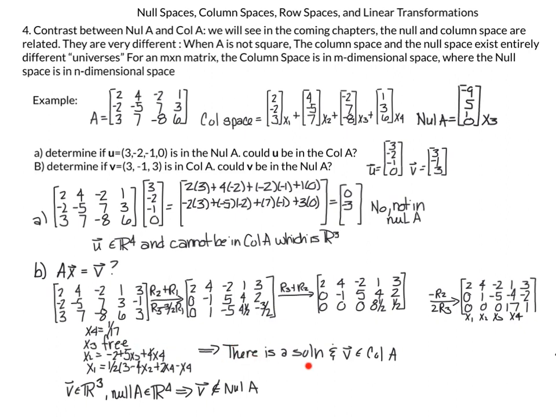But the idea is there is a solution, and therefore v is a linear combination of the column vectors of A, which means it's in the column space of A. We plug in our coefficients in front of each of these vectors, and we get v. Now, v is in R3, but remember the null space vectors look like R4, so v cannot be in the null space.